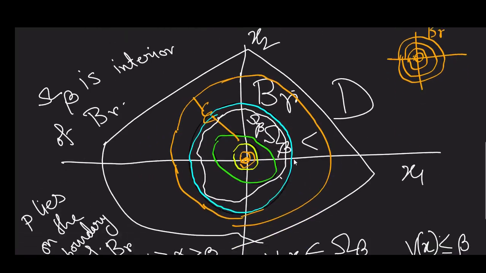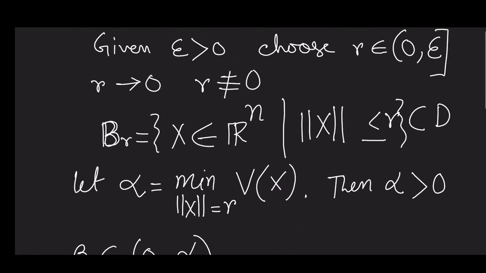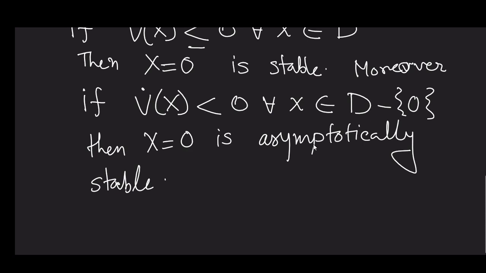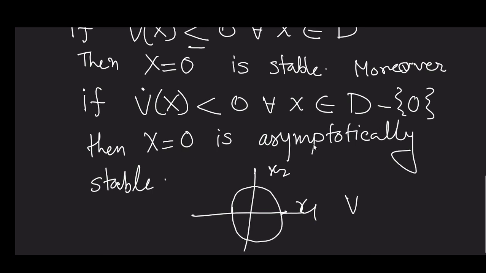I have drawn it somewhere, I just couldn't locate it. Anyway, let me draw it here. Suppose we are taking x1, x2, and we take V(x) equal to the most gentle one.